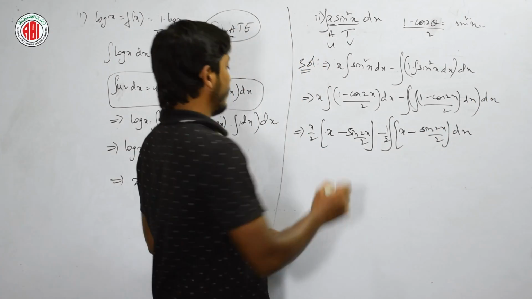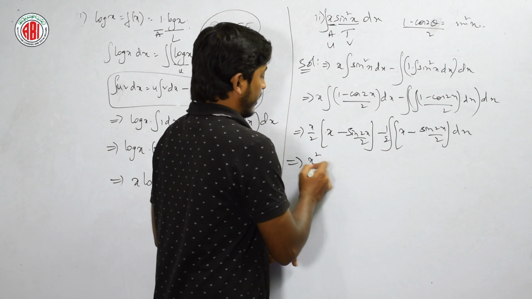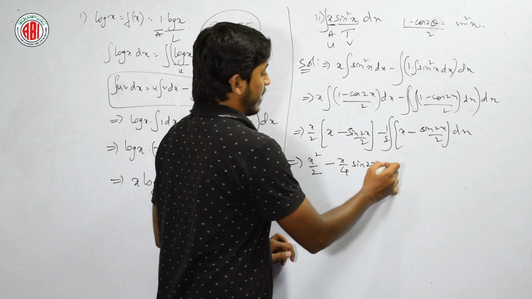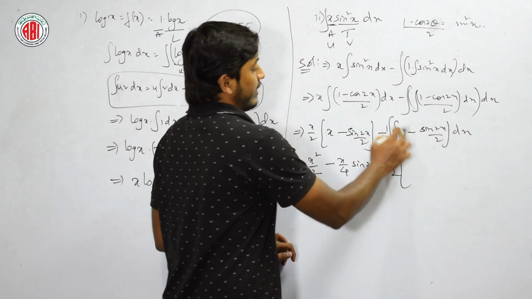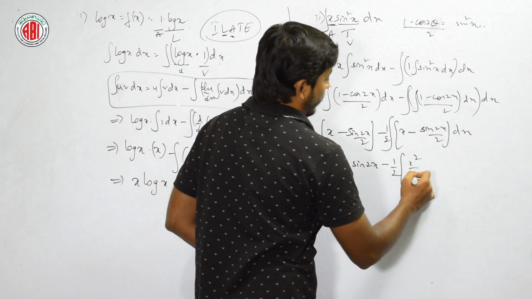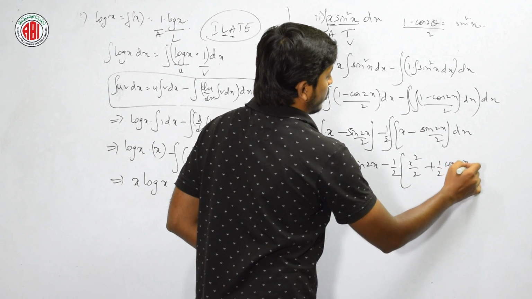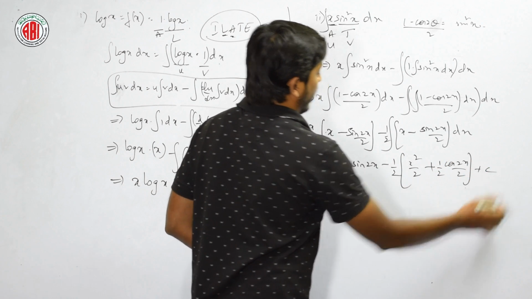So let us simplify this. X by 2 minus x by 4 sin 2x, half of x's integral, x square by 2, and sin 2x's integral, minus cos 2x by 2, plus c.